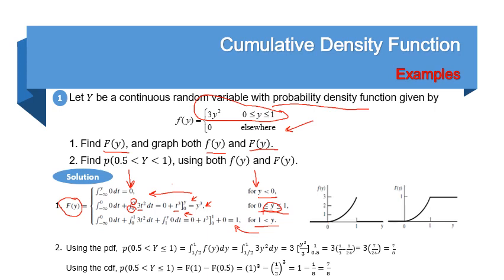Substituting the first value of your y, which is 0, it will give you 0. And then substitute the upper limit for your variable, 1, because y works from 0 to 1. So if you substitute in 3y squared, putting y equal 1, you get 3. So at 1 here, you can find that I graphed it at the value equal to 3. And link the 2 points by a curve, like here, because your function is 3y squared.